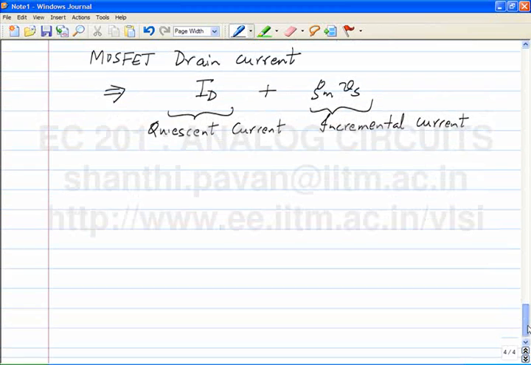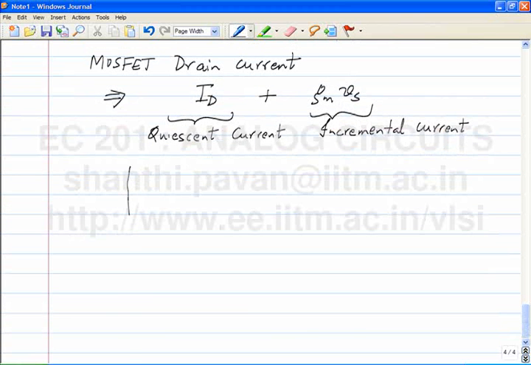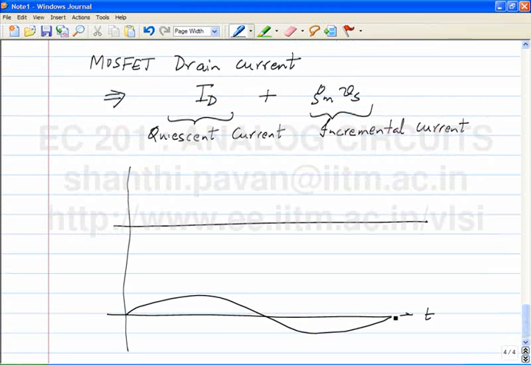Now during the negative half of the cycle, let me just plot it. So this is again VA, this is VGS1. This waveform on the top, what I want to plot is the drain current of the MOSFET.